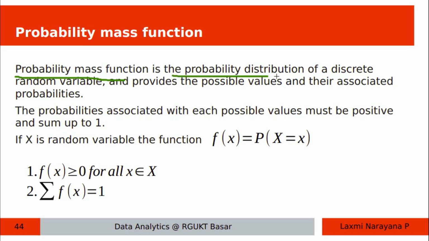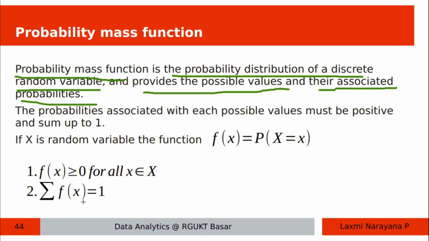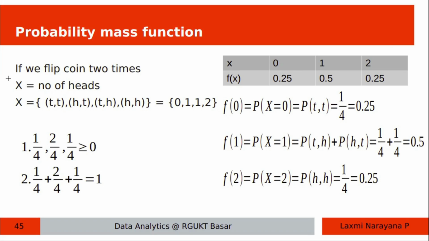It is the probability distribution of a discrete random variable, and it provides the possible values and their associated probabilities, such that the probabilities associated with each possible value must be positive and the summation of all those values should be equal to 1. For example, if you flip a coin 2 times, our random variable is to count the number of heads.